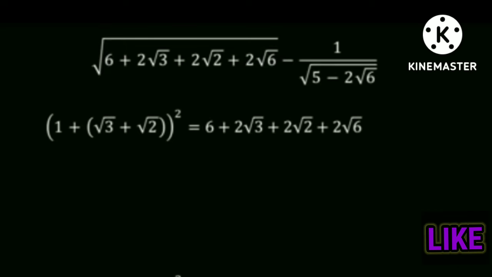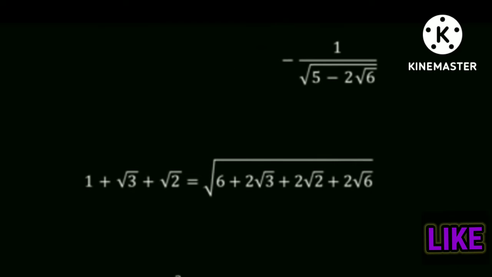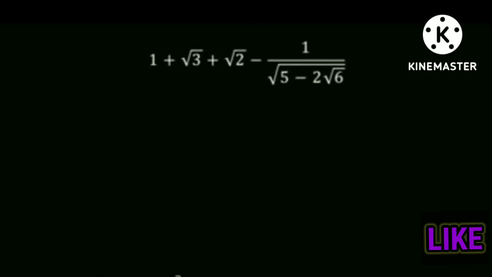Now just to simplify a little further, let's get rid of the parentheses right here. If we take the square root of both sides, we get that 1 plus root 3 plus root 2 is equal to the square root that we want to simplify. So we'll substitute in. We've simplified part of the expression. Now let's focus on the fraction.